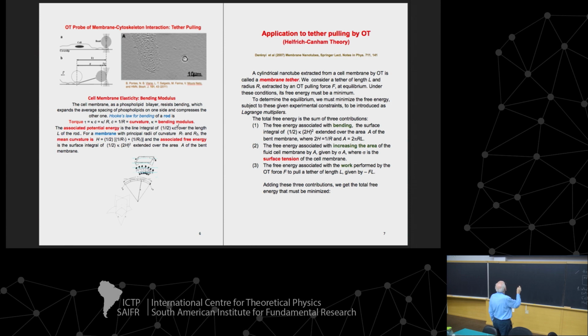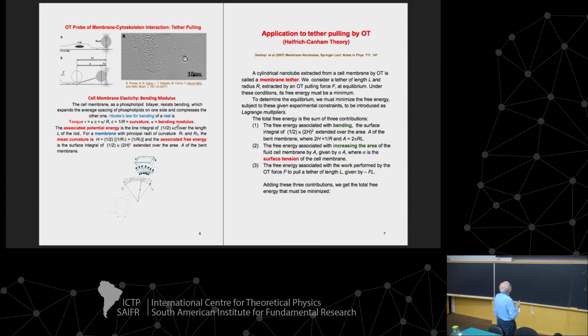And you see here that if you know this displacement from equilibrium, you compute the force which is exerted by the tweezers, and at the same time you know the displacement. Okay.